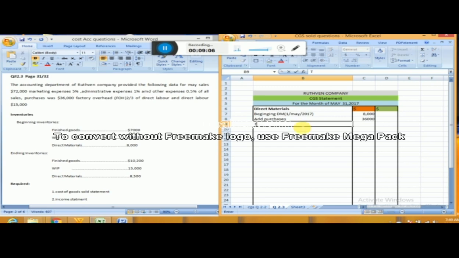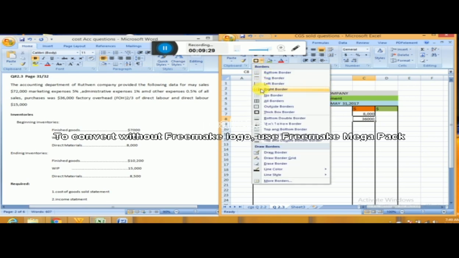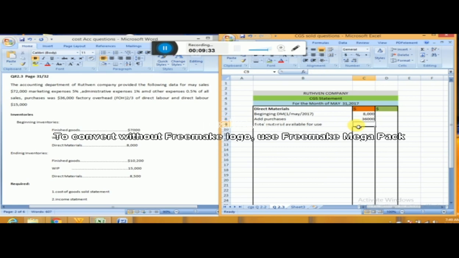So now we have total material available for use. Total materials available for use, how much? So we will sum up.